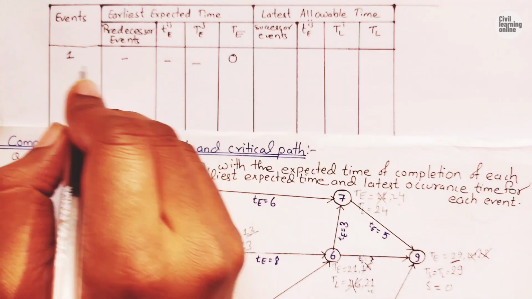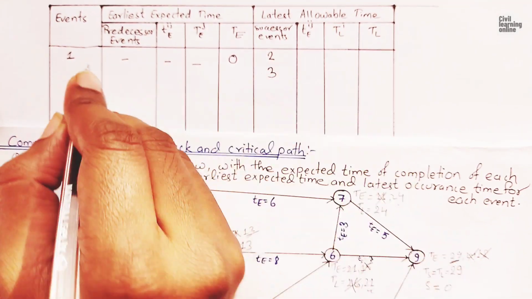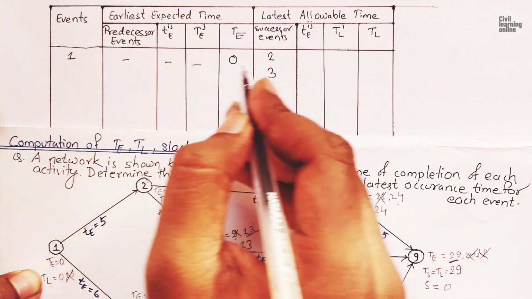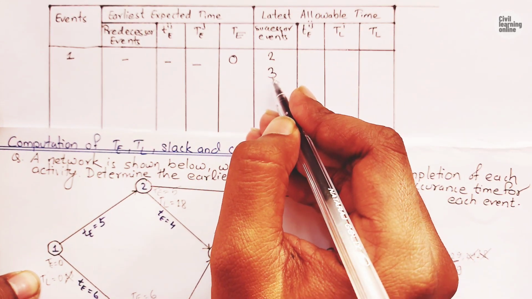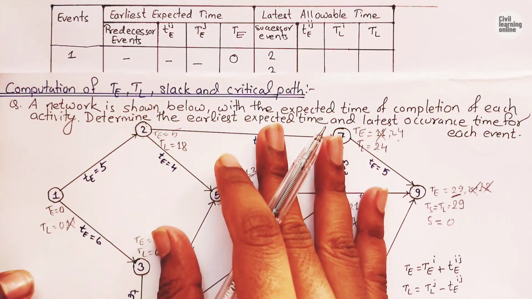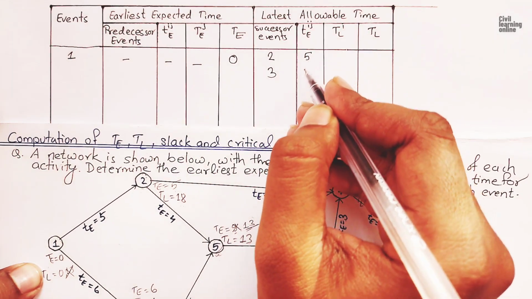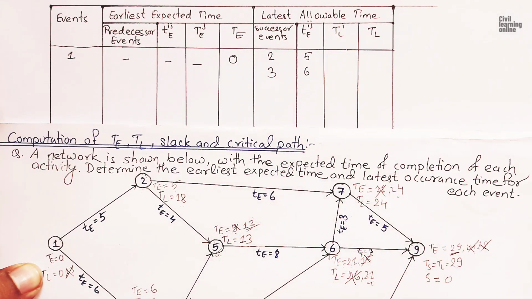And the duration of 1 to 2 is 5, and 1 to 3 is 6.